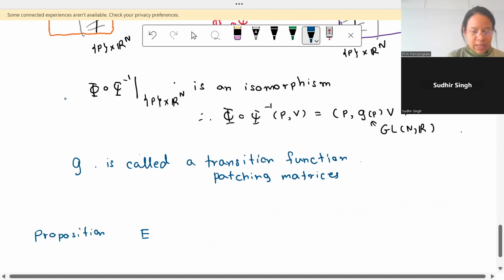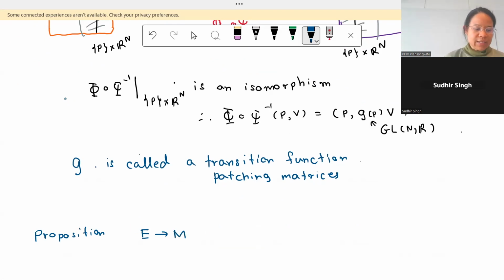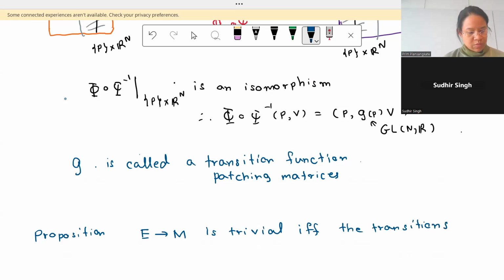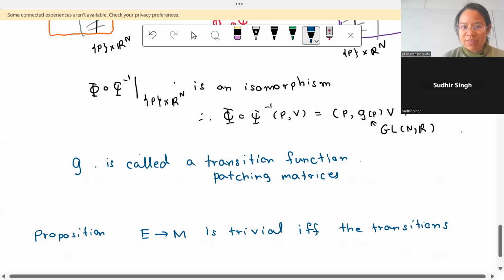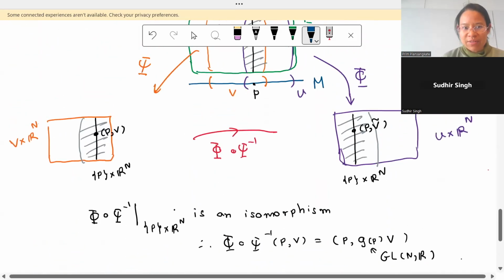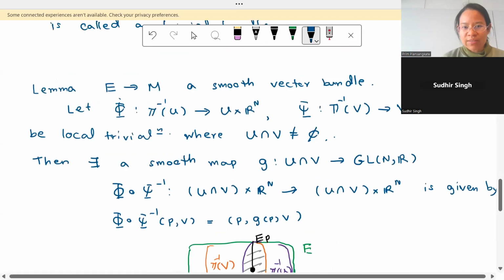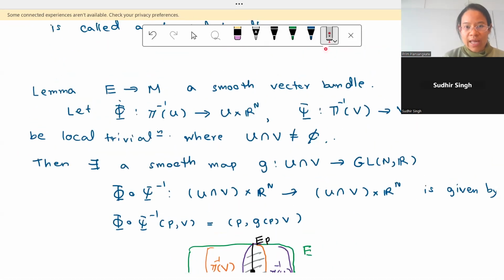A vector bundle E is trivial, that means it admits a global trivialization, if and only if the transition functions, normally there will be many, because in this lemma we talk about one transition function since we were looking at just two local trivializations, but in general you will have many transition functions.